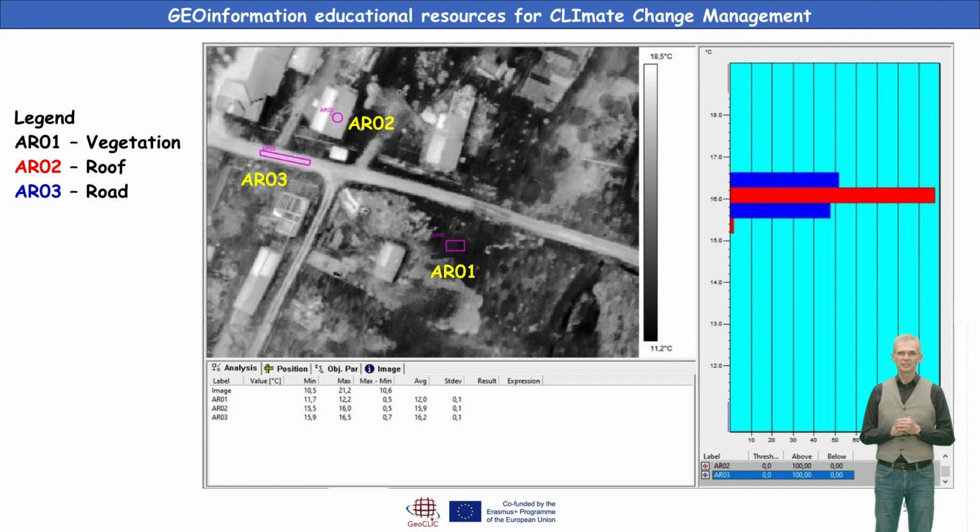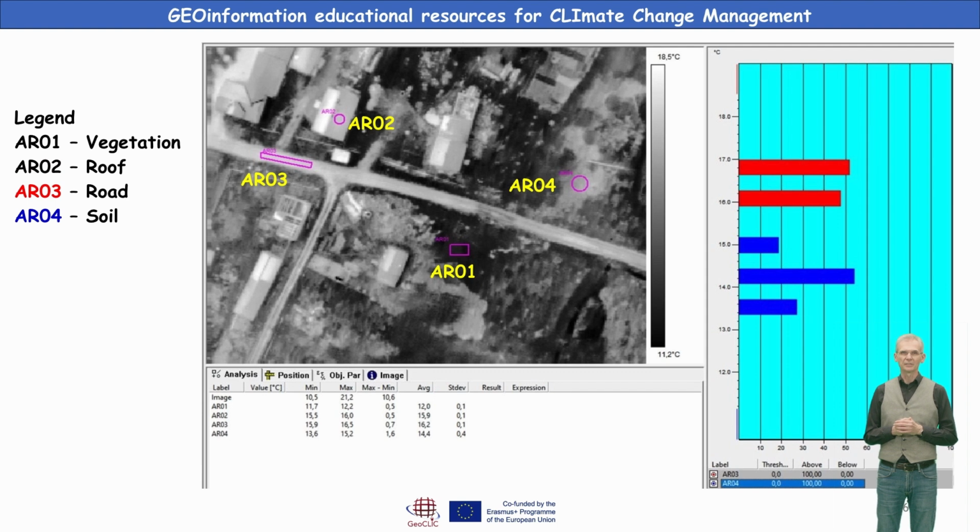The same thing is repeated with the road, IR3. There is no overlap of temperature values, that is, pixel values representing the vegetation and the road, IR1 and IR3. But if the spectral signatures of the roof and the road are compared, 2 and 3, there is an overlap of temperature values.